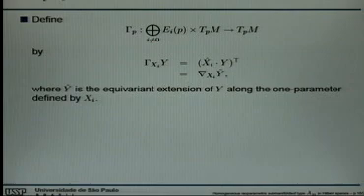Of course, the action of the Lie algebra is just the differential of the action of the Lie group. So in particular, if we extend this vector y to an equivariant vector field along the one parameter group corresponding to xi, then we have this equivariant vector field.